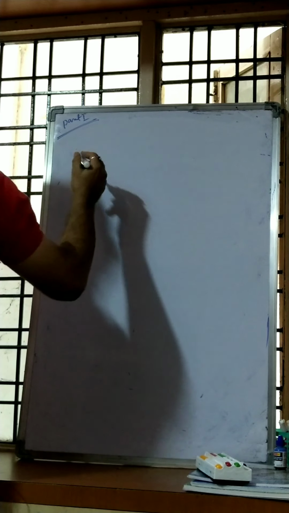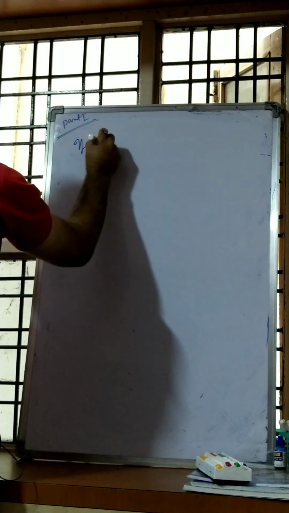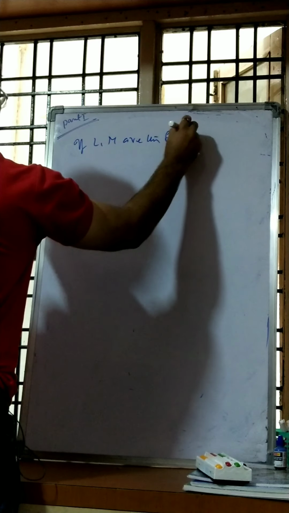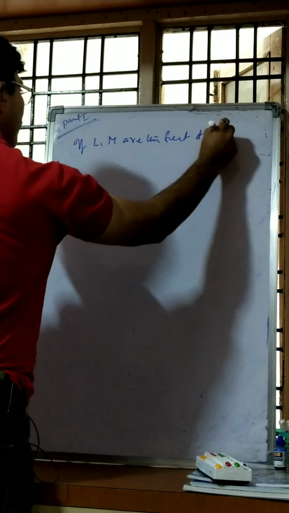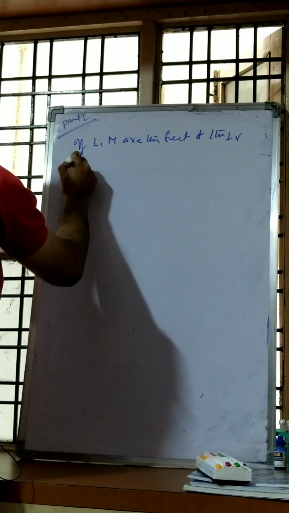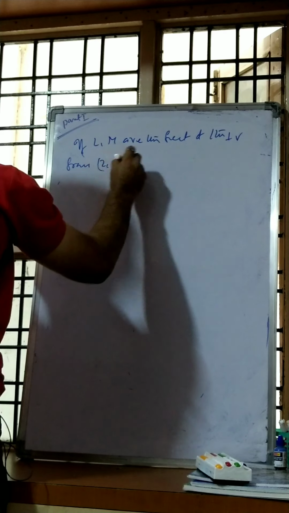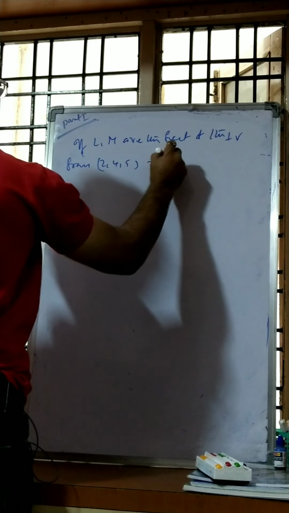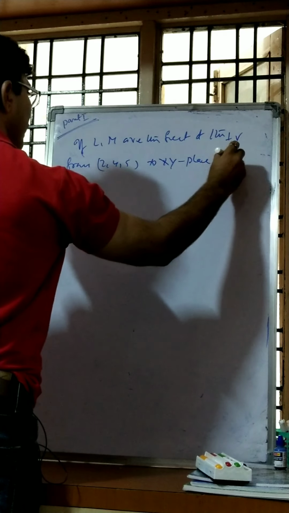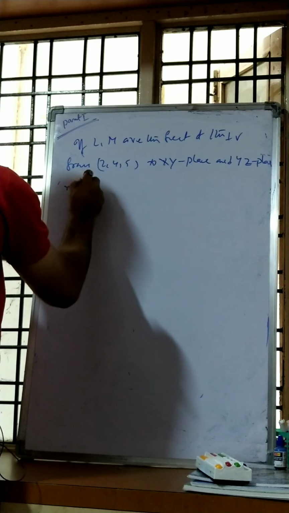Suppose I asked you this way: L, M are the feet of the perpendicular drawn from 2, 4, 5 to the XY plane and YZ plane respectively.